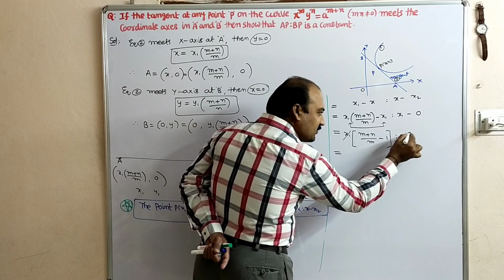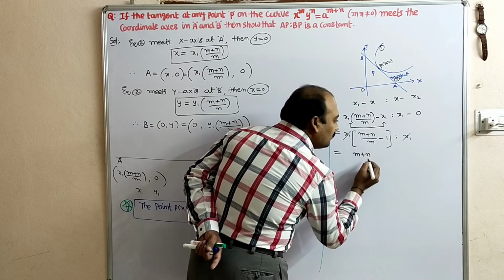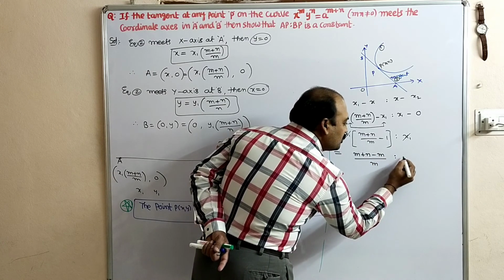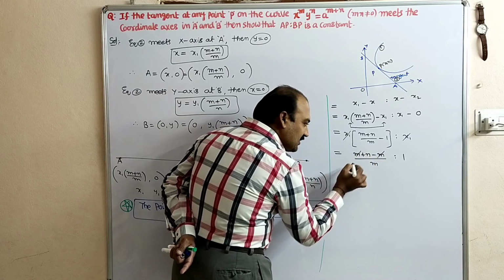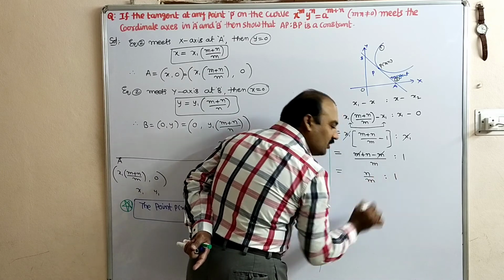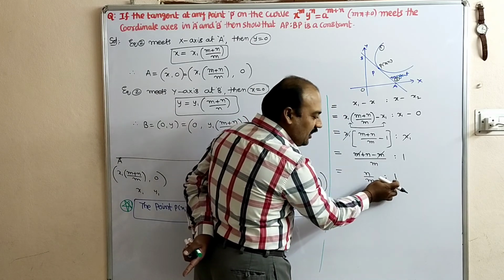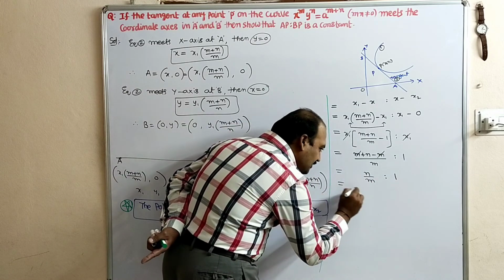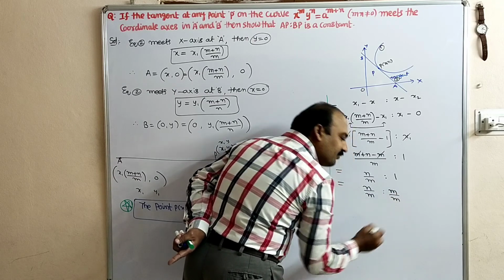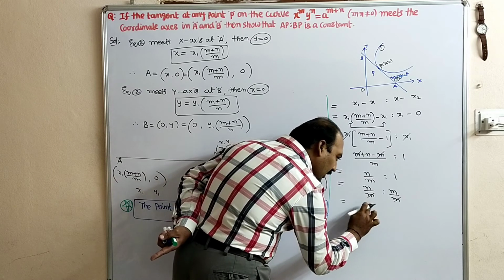Both sides x1 get cancelled. Here 1 will be there. So m plus n, take LCM here: m is the LCM, minus m is to 1. Minus m plus n get cancelled, which is equal to n by m is to 1. 1 can be written as m by m, which is equal to n by m is to m by m. Here m gets cancelled, which is equal to n is to m.